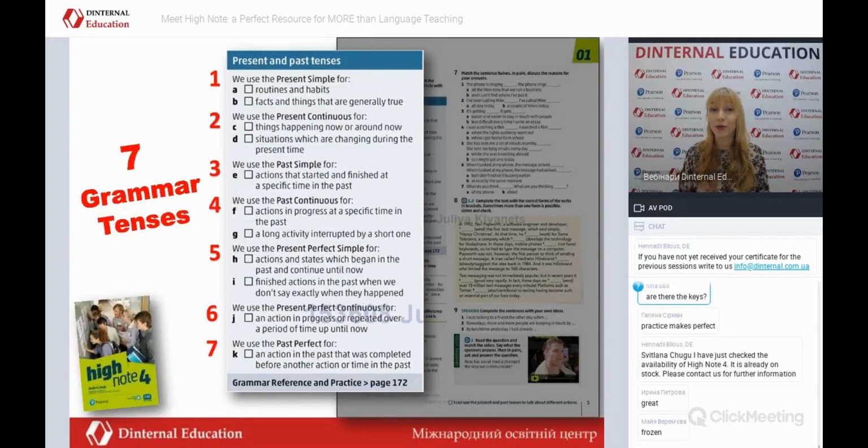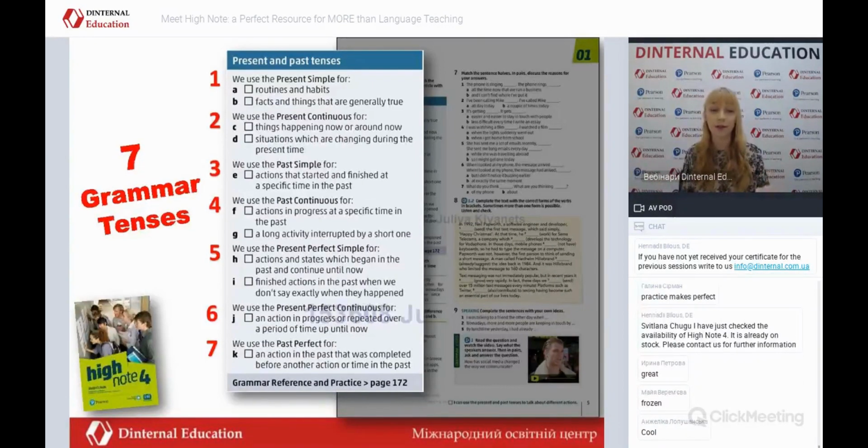So you start with revising everything that you should have learned by this moment. It's 7 tenses, all 4 present tenses, 3 past tenses, with past perfect being the last one. And you can also see grammar reference and practice, page 172. So there are more detailed rules there and some more activities to practice.